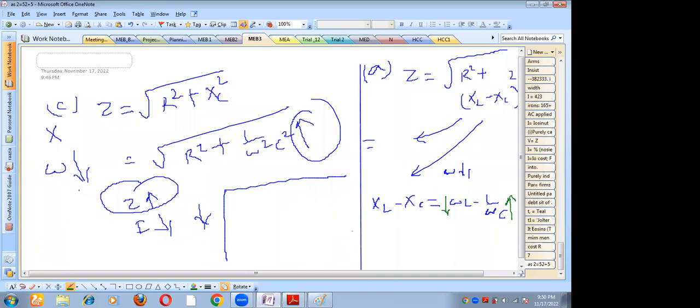I will take minus sign. What I will do is take minus common. So we will get 1 by omega C minus omega L.